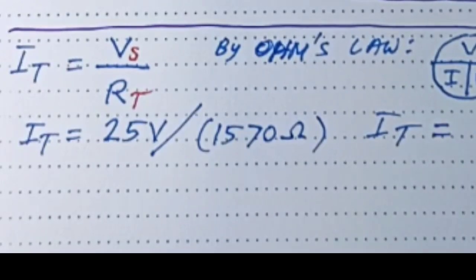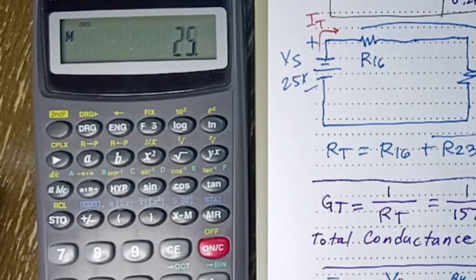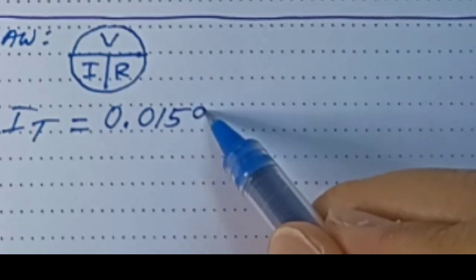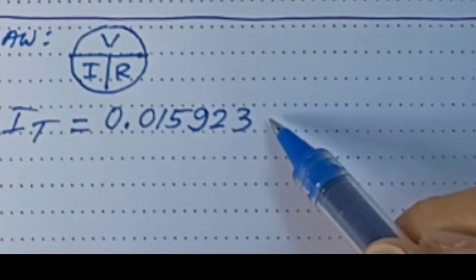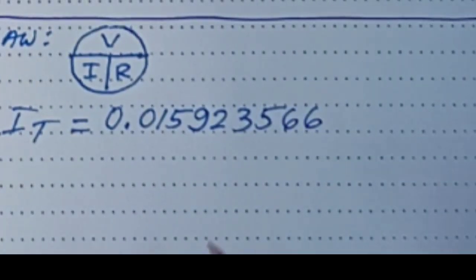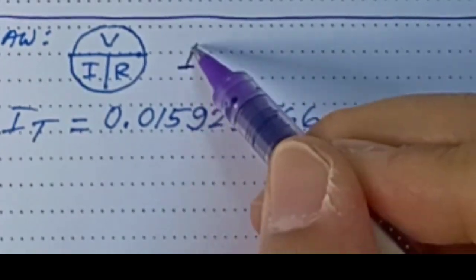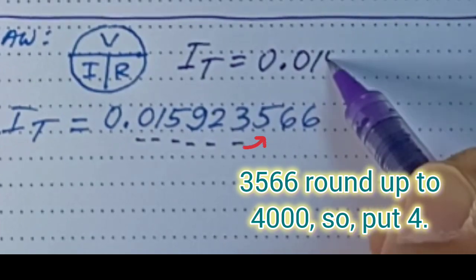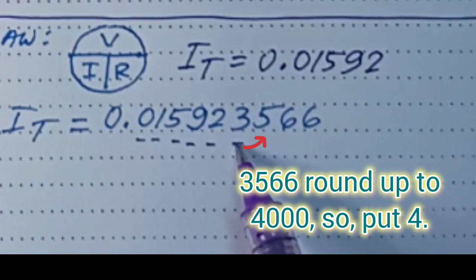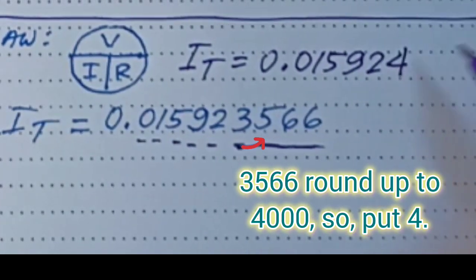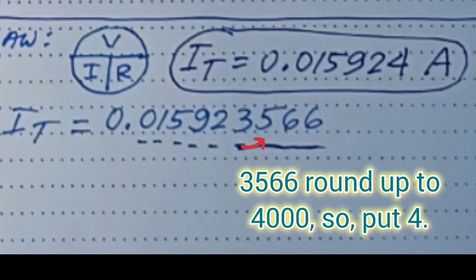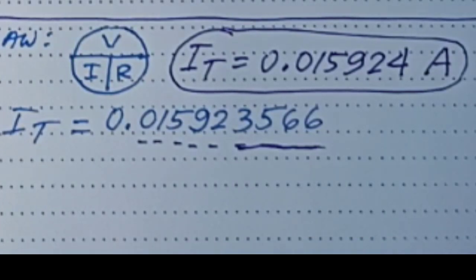And so we will get 25 divided by 1570, which is 0.015923566, or we can just take 6 decimal places, so I total equals 0.015924 amperes, rounded up. That's our total current IT.